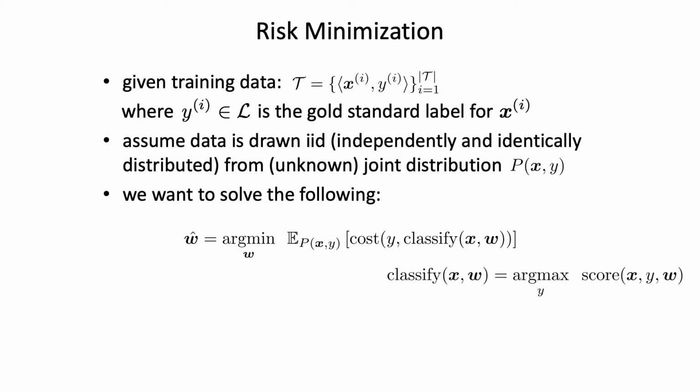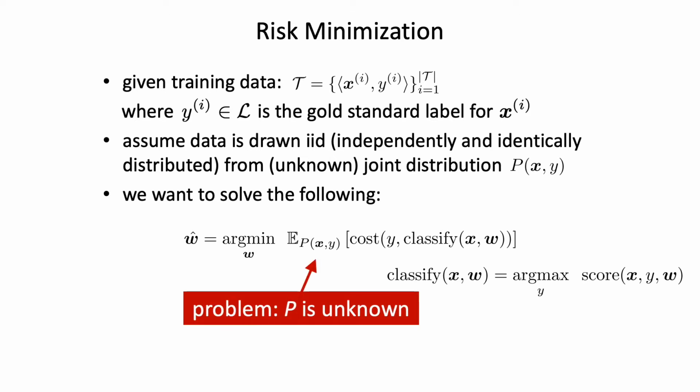As a reminder, the classify function returns a predicted output for the given x using weights w, and then the cost function tells us how different that predicted output is from the true output y, which comes from the joint distribution. However, we can't solve this optimization problem directly because we don't know the true distribution over xy pairs.